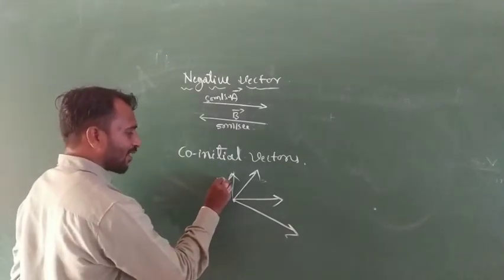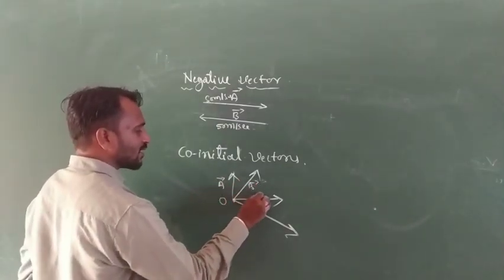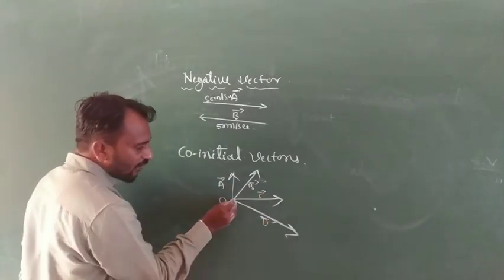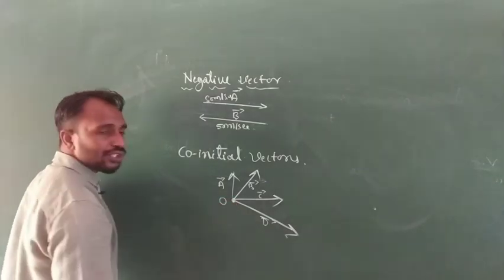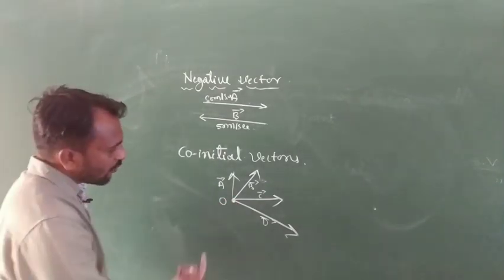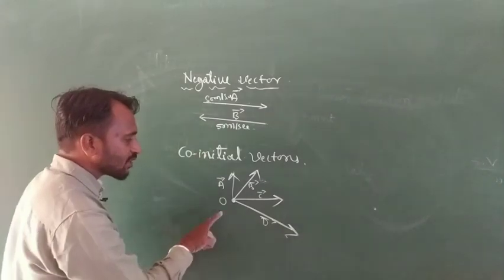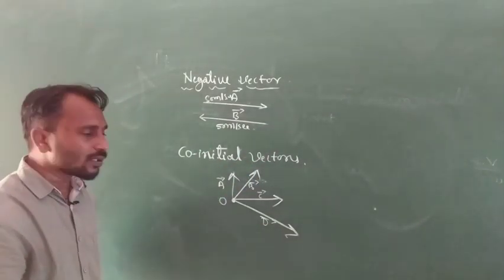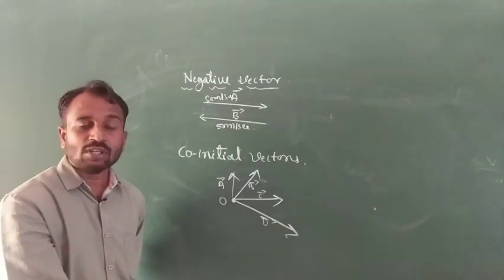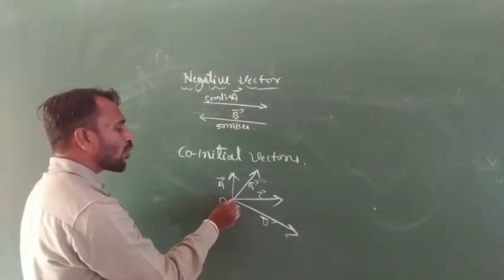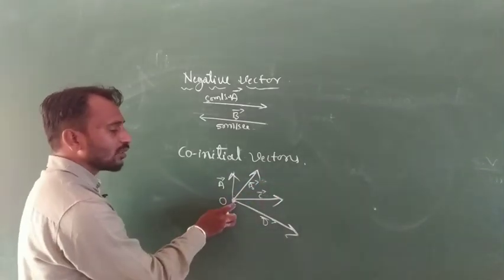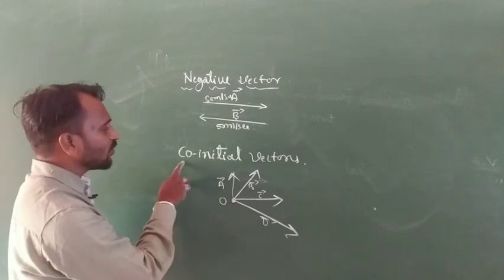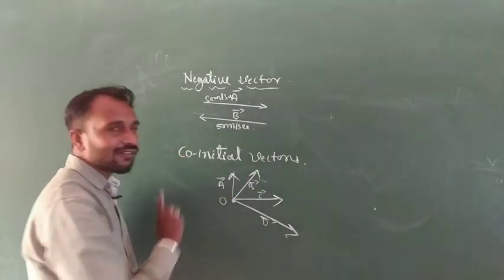Suppose vector A, vector B, vector C and vector D. All have one single initial point. Vector A is present in this direction, vector B in this direction, C in this direction, D in this direction. It means these have different directions, but the starting point of these vectors remains the same, and for this reason this one we consider a co-initial vector.